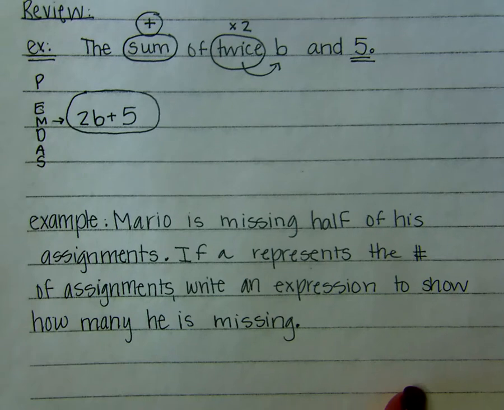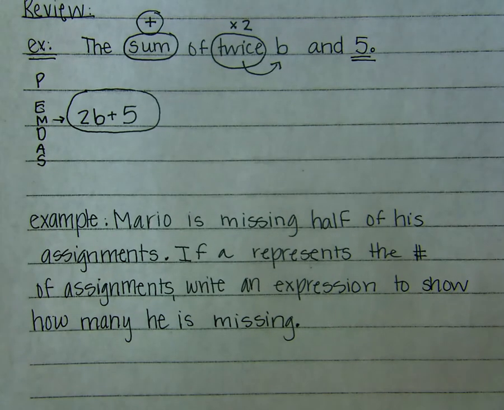Okay. So again, Mario is missing half of his assignments. If A represents the number of assignments, write an expression to show how many he is missing.